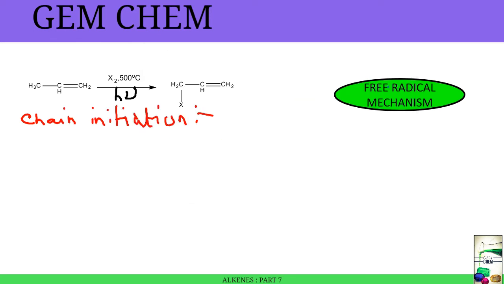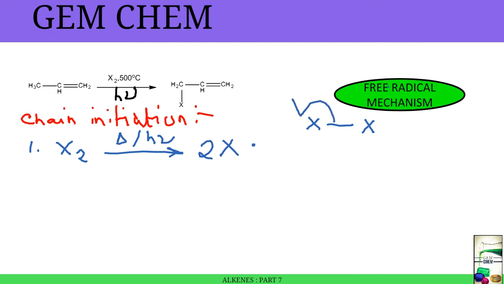In that case, the first step is X2 in presence of heat or light produces 2 X dot, that is the bond breaks up and this one has 1 electron and this one has 1 electron.